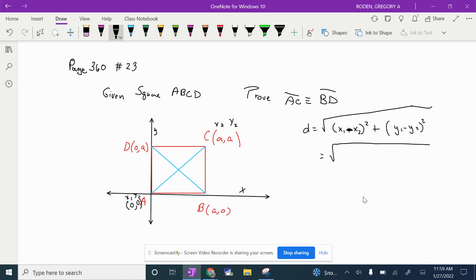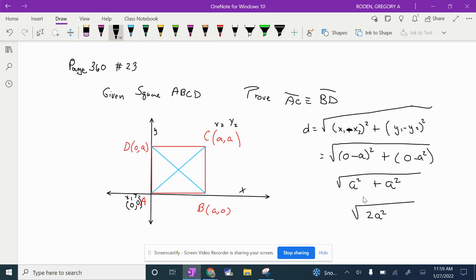So we have 0 minus a squared plus 0 minus a squared again. So 0 minus a squared is negative a squared. So this is just going to be a squared plus a squared. So this is going to be 2a squared.